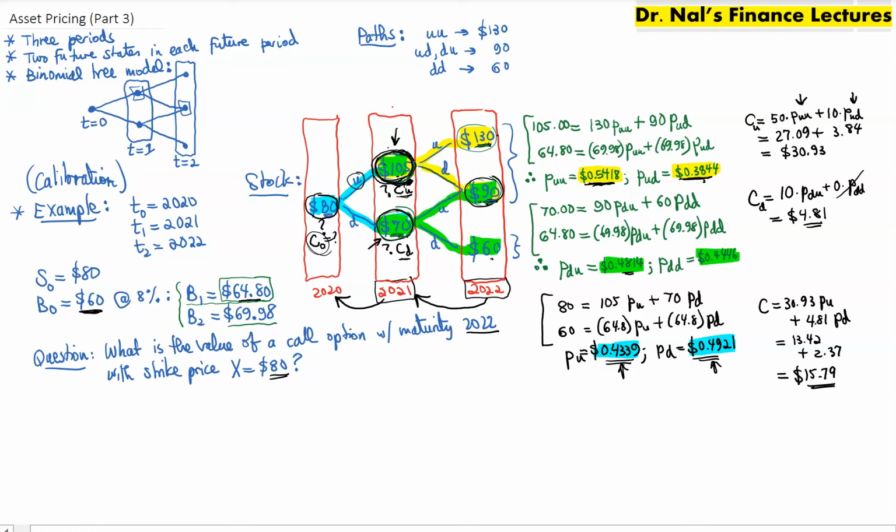In our example, it was 2022, because this call option was maturing in 2022, and we worked our way backwards to value the security and figure out the value of this call option, which expires in 2 years and has an $80 strike price.